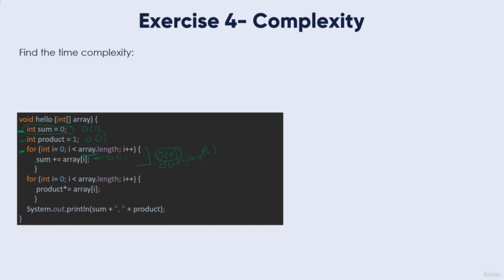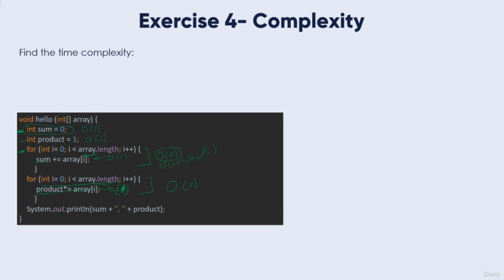Again, there is another loop making i from 0 to array.length and computing a product. So this product is O of 1, but this loop will result in O of n, because we consider array.length to be the variable n.